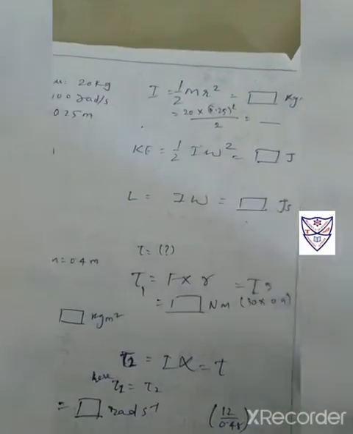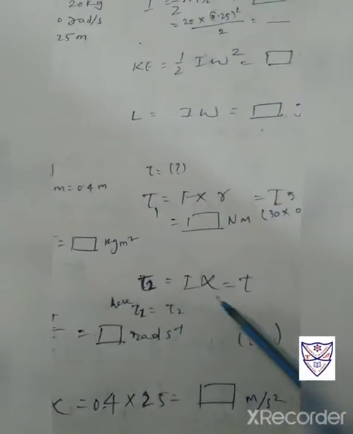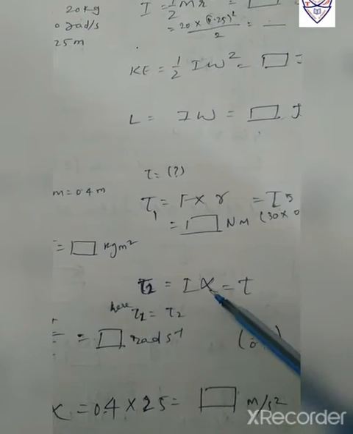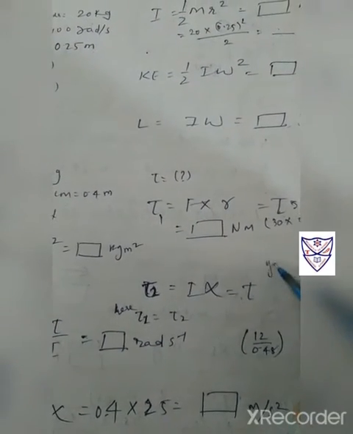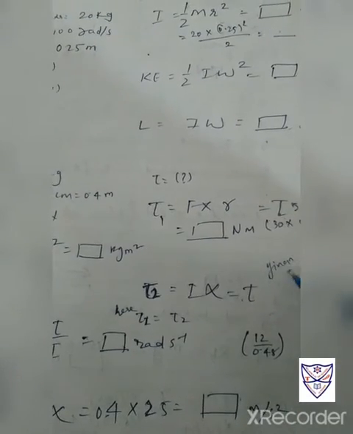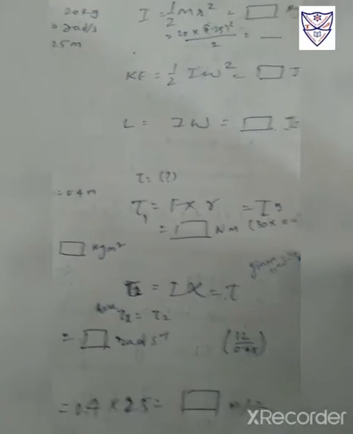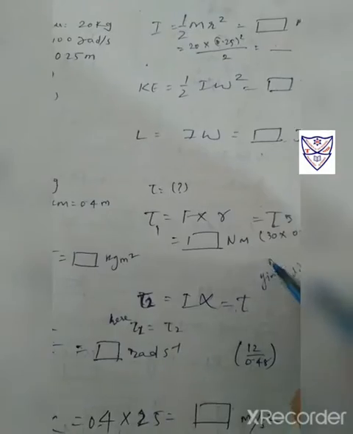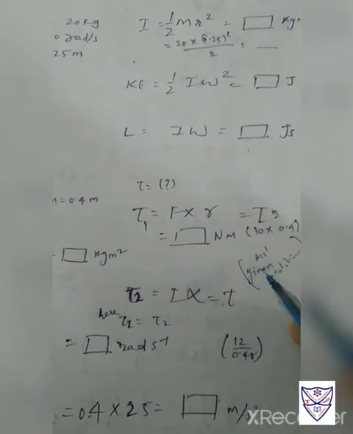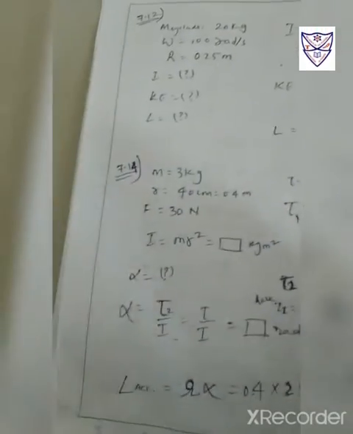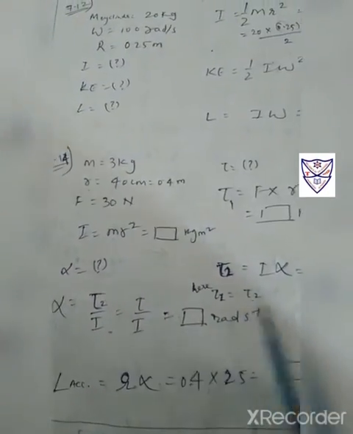Okay. Now for the second torque in the condition, I can also get I alpha, but here these two will be the same according to the given condition. So I can write torque 2 is equal to torque 1 is equal to torque.